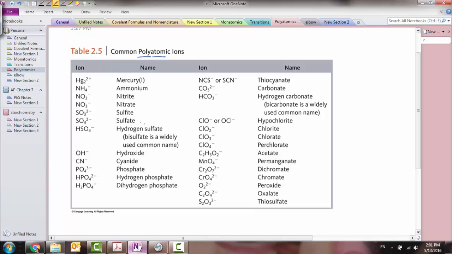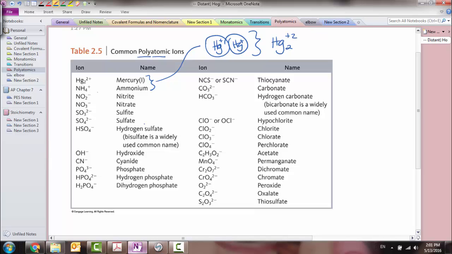The first thing to note is that some of them are positive. There are only two of them, so we'll talk about them real quick. Mercury 1 is kind of confusing because it's called Mercury 1, but it says Hg2 2+. So it's basically two Mercury 1s stuck together. They always exist as a pair. So if you sum it all up, it's mercury, there are two of them, and it has a +2 charge.